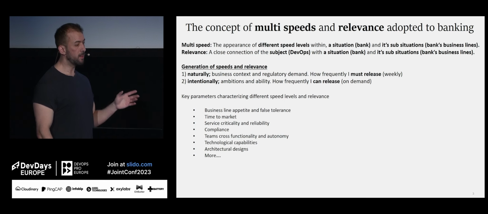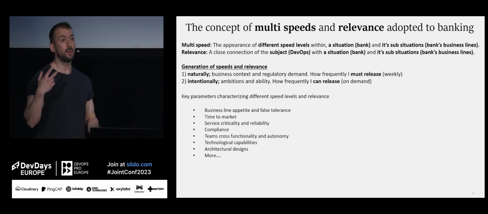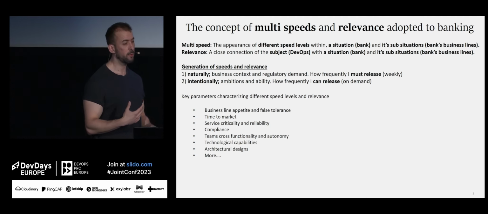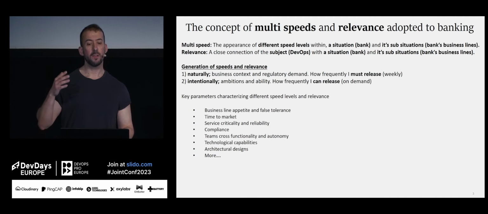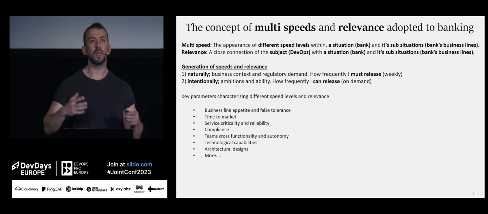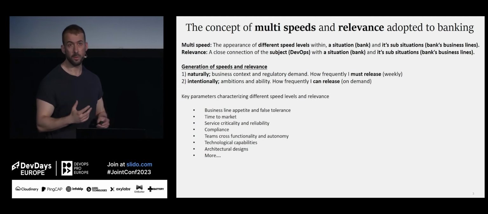So basically, multi-speeds and relevance are two concepts that define how you can adopt DevOps at scale in organizations. When I talk about speed, it is the appearance of different speed levels in a situation, which in our case is a bank, and its sub-situations, which is different areas within a bank. So a bank, and I'm talking about an incumbent one, not really a neobank, has different business lines that move at different speeds.